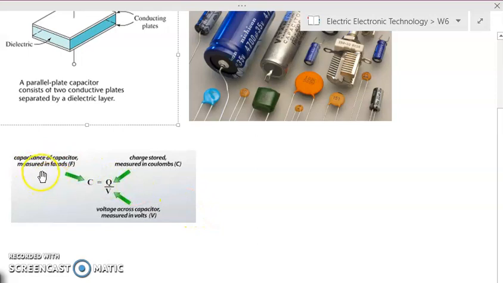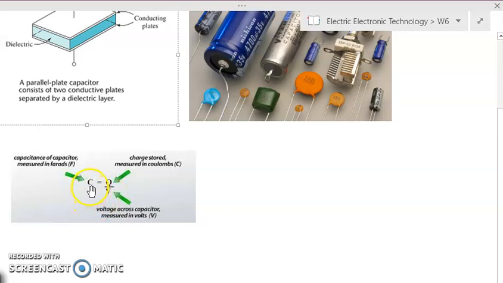Capacitance is measured in farad, and it measures the quantity of charge that can be stored over the voltage applied across the terminals of your capacitor. For example, imagine if we apply a certain value of voltage across the capacitor, there will be a certain amount of charge that can be stored in that capacitor. So basically, a capacitor acts like a battery that can store charges, but the stored charge divided by the voltage is what we call capacitance.